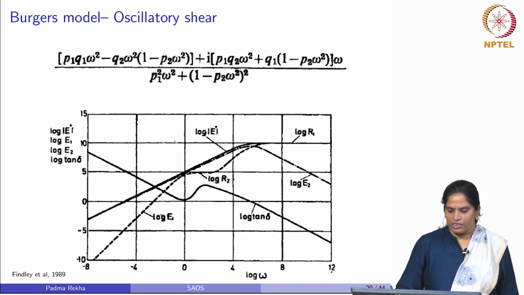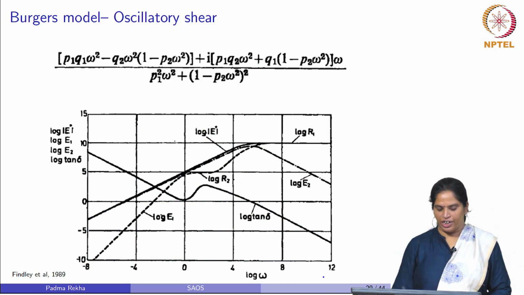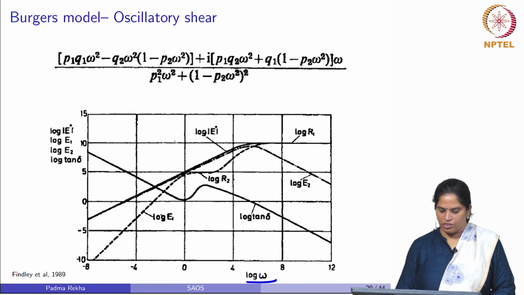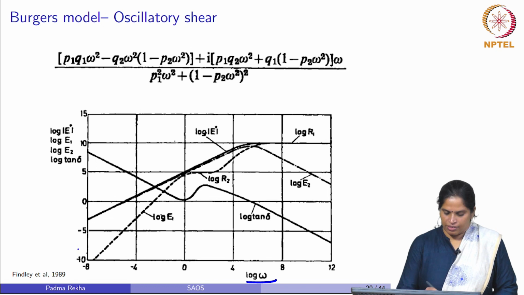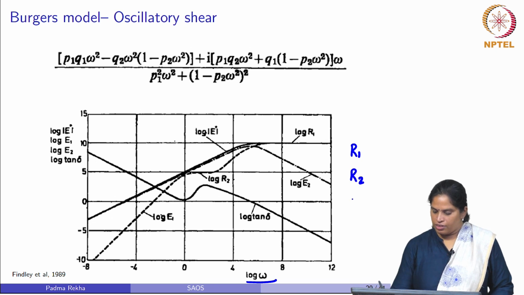When you look at the response function of a Burger's model over a wide range of frequency, you have a frequency scale here in logarithmic scale. This curve is obtained for fixed values of R1, R2, eta 1, eta 2.